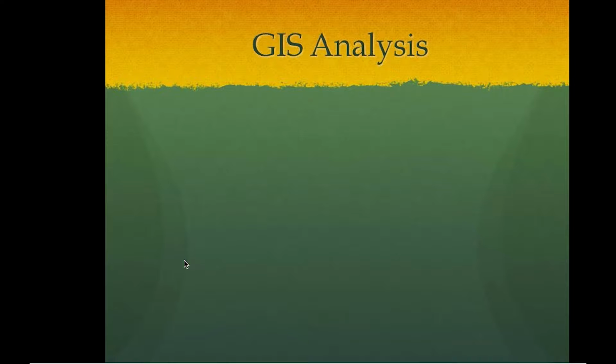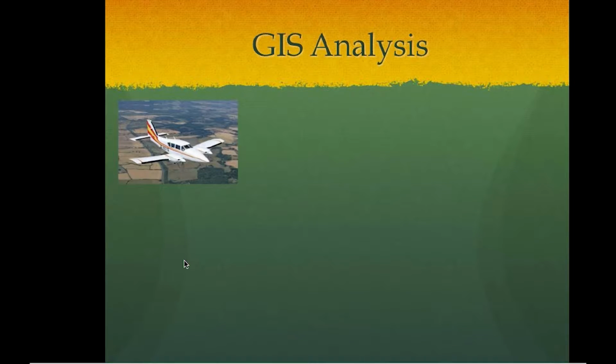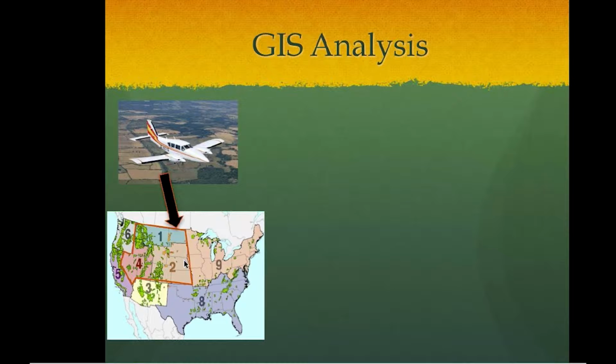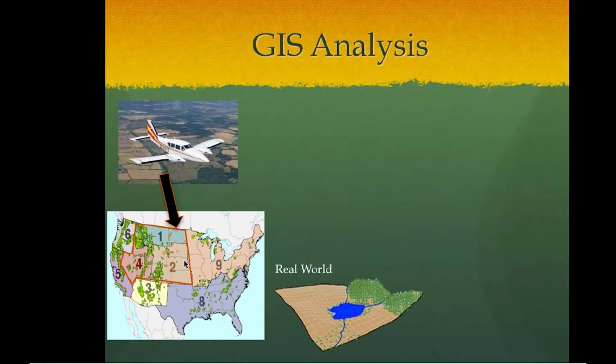So in order to make sense of this data, or the aerial detection survey data, we use a GIS analysis, or Geographic Information Systems analysis. And so I'll run through the model of this. So like I said, you have the forest observers looking below, observing what they see. And our study regions 1, 2, and 4, those are United States Forest Service regions. They observe real-world data, and they draw polygons or discrete objects in maps or on tablets, and they show what they see, such as lakes, marshes, and what we're worried about is forests.